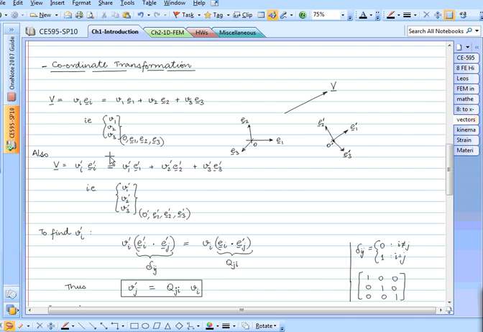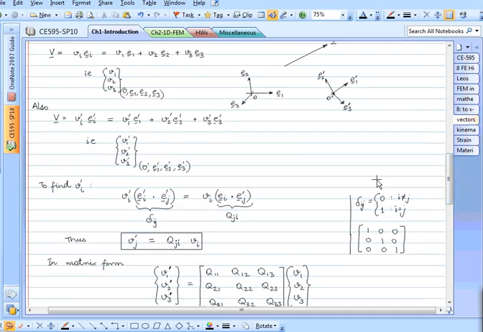That's the process of coordinate transformation, right? So one easy way to do that is you express both vectors on the left and the right hand side, and you dot that equation with a unit vector from the new coordinate axes, right?